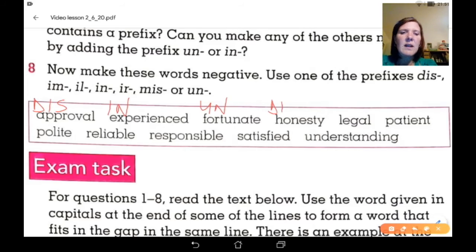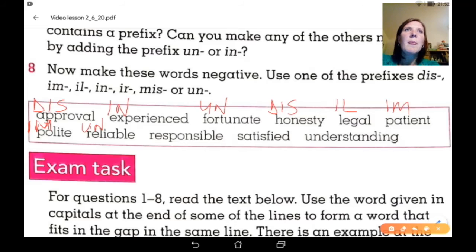The next one is easy because it's the same, I think, in Italian. Yeah, dishonesto. So dishonesty. Okay. The next one that we have, illegal, simple. Impatient, I-M. The same with polite, I-M, impolite. Sorry, that writing's terrible. So impolite.